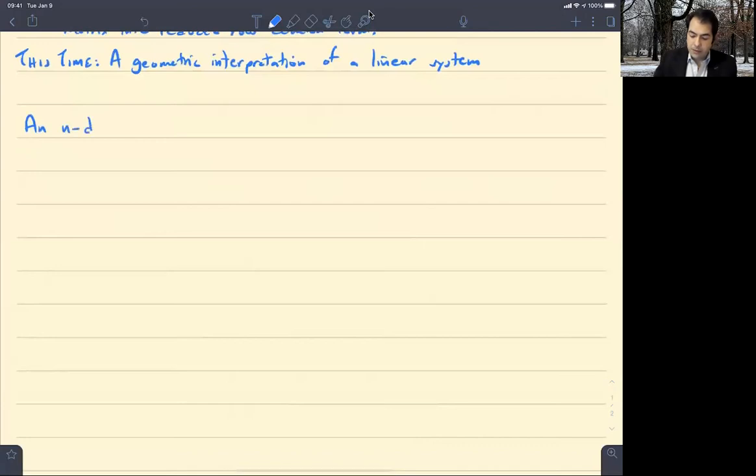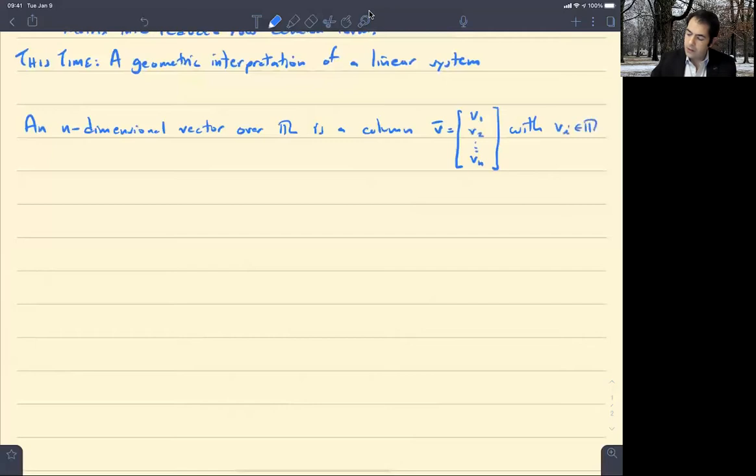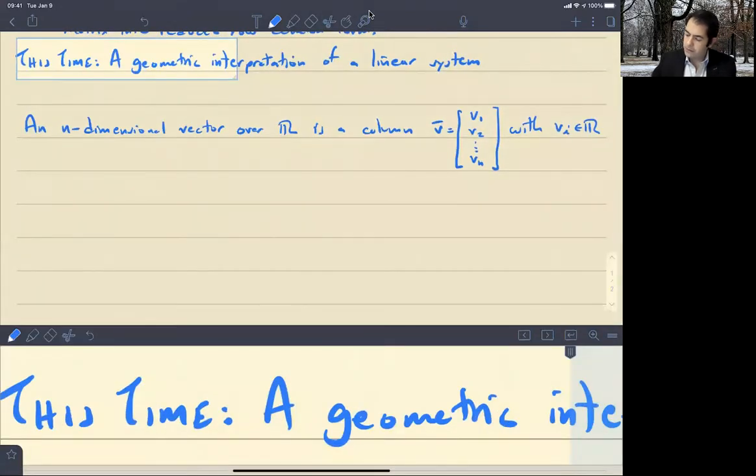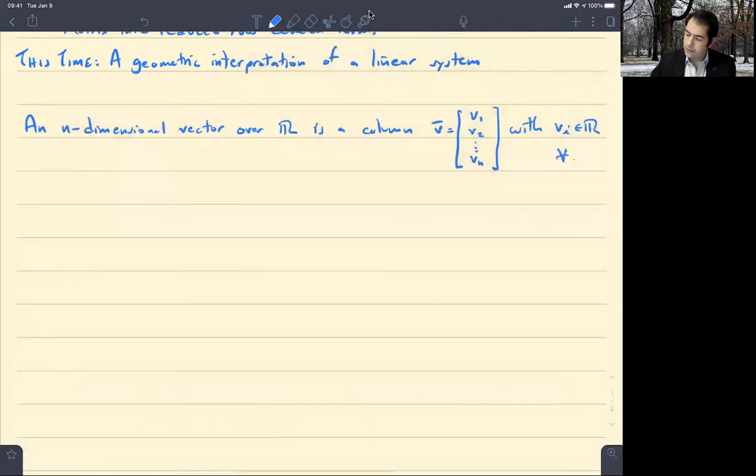An n-dimensional vector over R is a column V with entries V1, V2 up to Vn, with Vi a real number for every i.